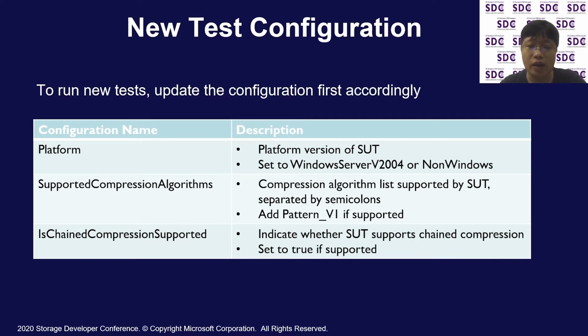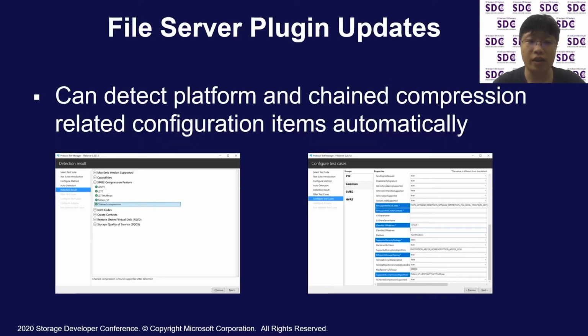The last one is a newly added configuration, which tells test suite whether your implementation supports chain compression or not. So if your implementation supports it, set it to true. If you run our new tests from Protocol Test Manager, the FileServer plugin could detect all these updated configurations for you automatically.